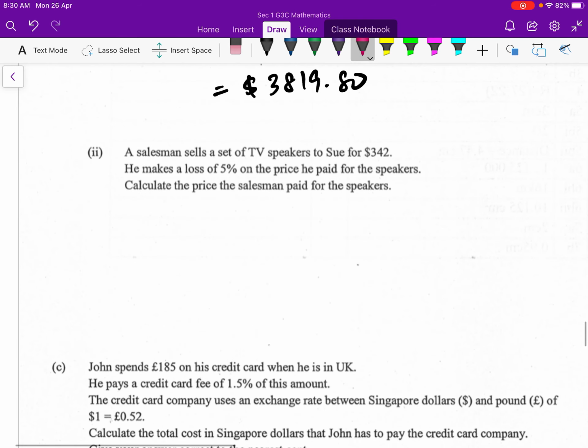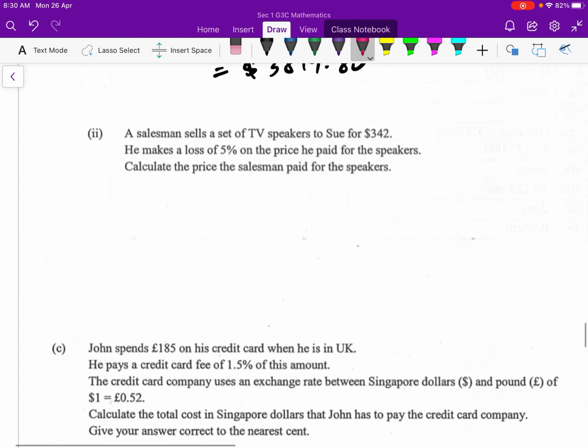Next, part 2. Salesman, okay, yeah, this I want to go through also. Sell the TV speaker to Sue for $342. Okay, so money exchange with the speaker, $342. He made a loss of 5% on the price. Loss of 5%.